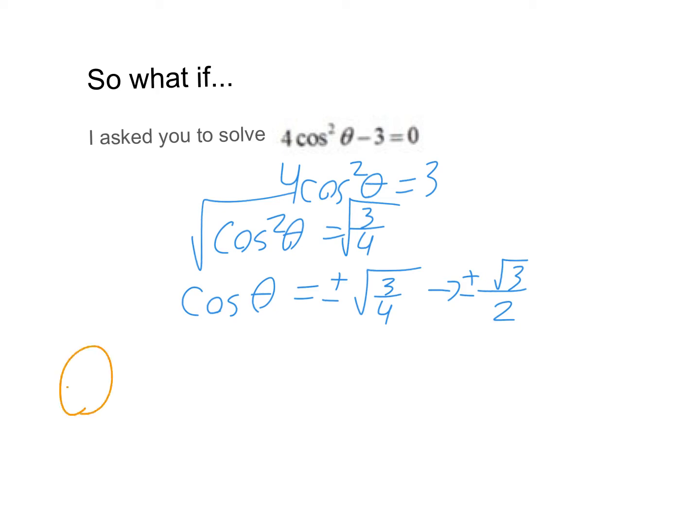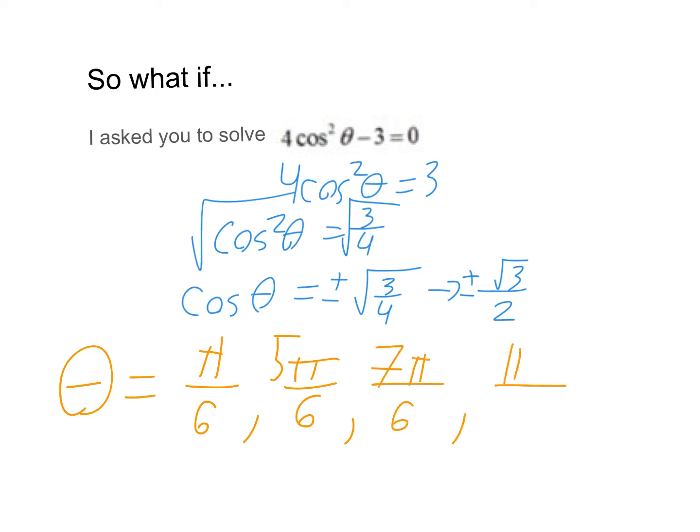These are going to occur at theta is equal to pi over 6, theta is equal to 5 pi over 6, theta is equal to 7 pi over 6, and theta is equal to 11 pi over 6. 4 answers there.